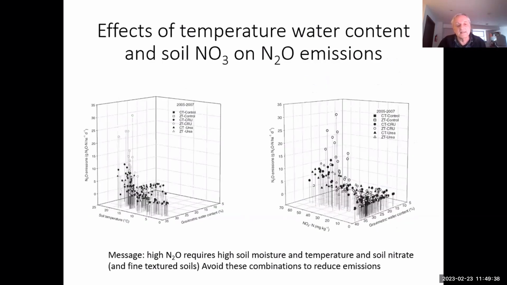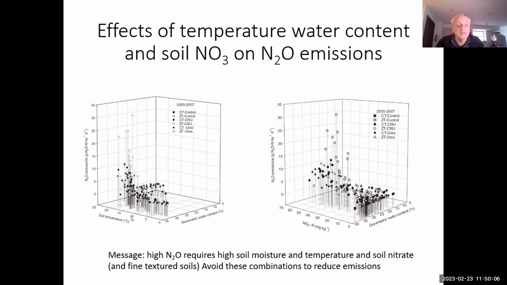Now I'm going to get to the very last part of the talk, which is, how do we do better, not just in reducing inputs, but in understanding the nitrogen system better? How can we reduce nitrous oxide by better practices as opposed to just less nutrients? One of the things we found, depicted in these two graphs, is that you have conditions under which you have very high emissions, and other conditions in which emissions are much, much lower.